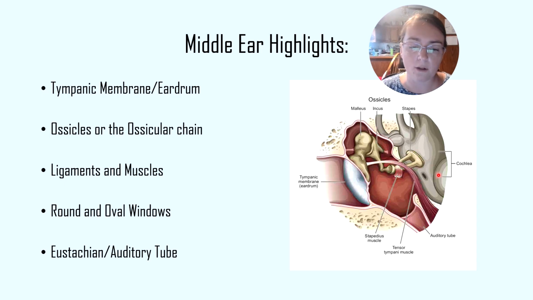There are also ligaments and muscles in the middle ear that are important. Some of the ones of note are in this illustration, which is why I picked it out, because I thought it looked pretty good. They're pretty little. They help to hold the ossicles kind of still.